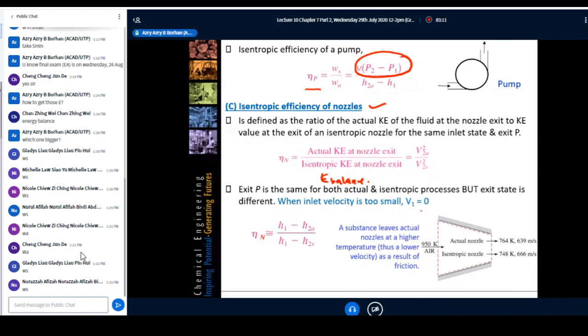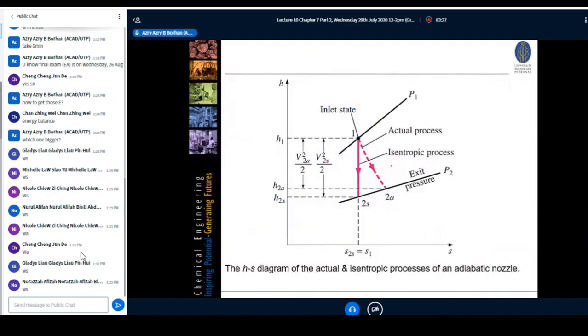That means this V1 is actually equal to 0, because V1 is approaching 0. So you can put V1 equal to 0 in order to solve the problem and so on. Okay. And this is the H versus S diagram, almost similar to what you have with your turbine.